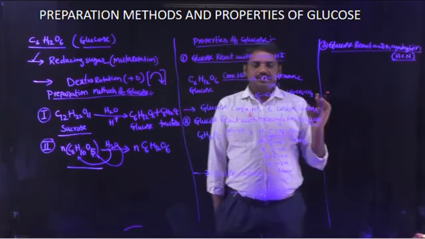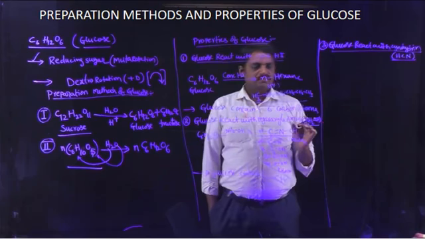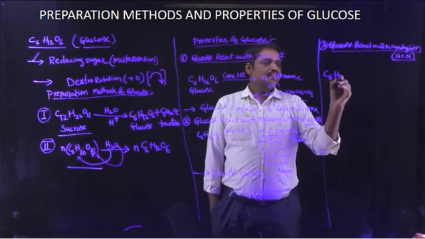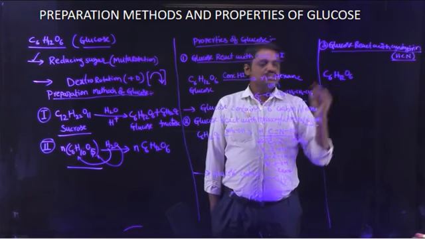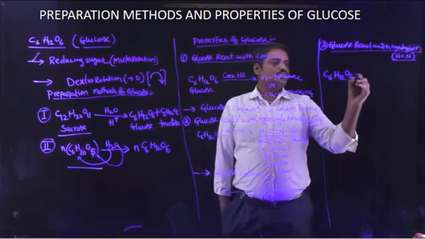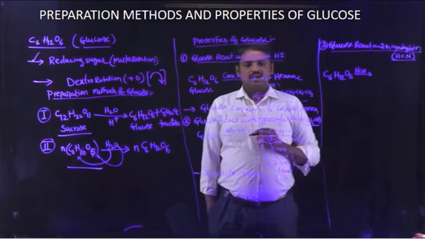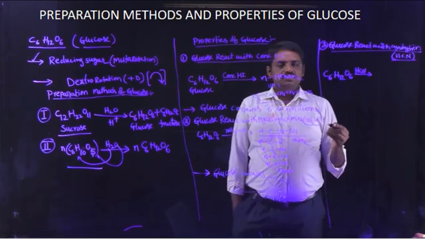Glucose reacts with cyanohydrin, so the glucose chemical formula is C6H12O6. Glucose reacts with cyanohydrin like HCN.